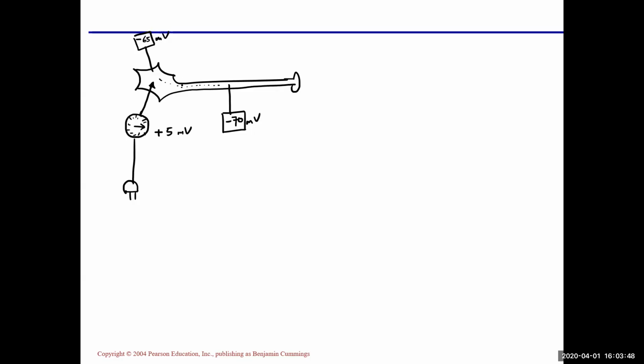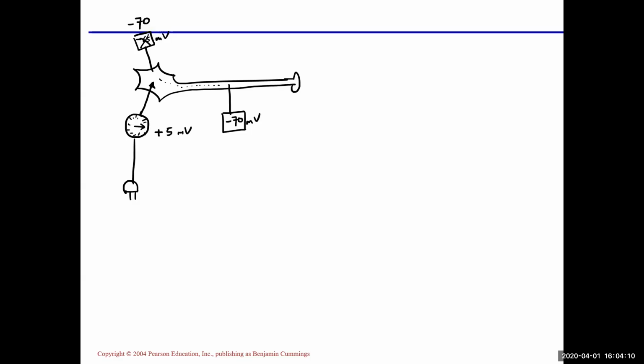Now, why wouldn't it affect it? Because it's not firing, it's not continuing to change and go to those areas. Keep in mind, very soon, this -65 is going to read -70 again. Why? Because you only zapped it one time, and the sodium-potassium pump will restore the balance.